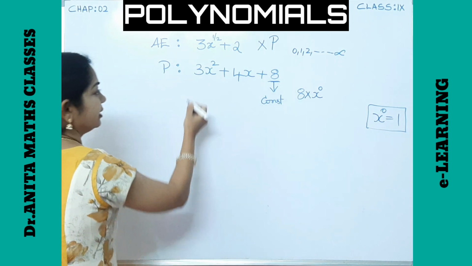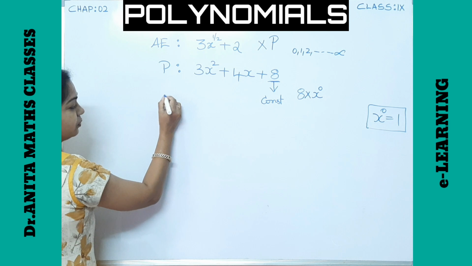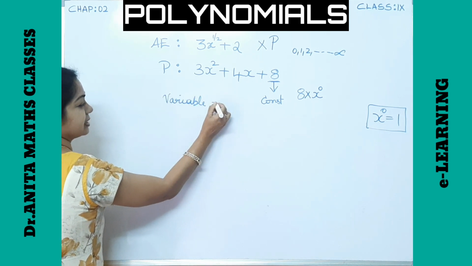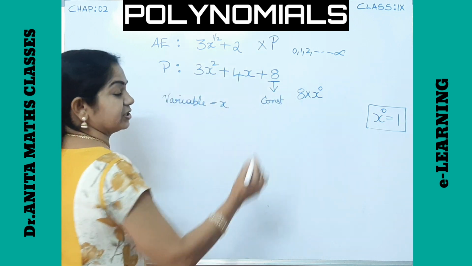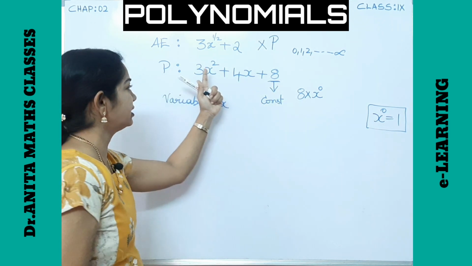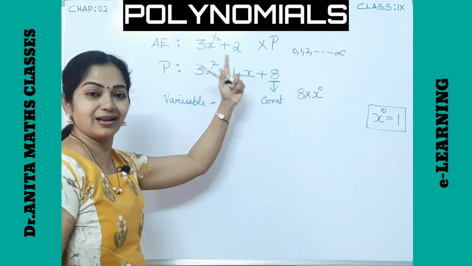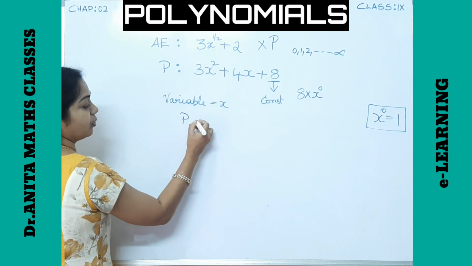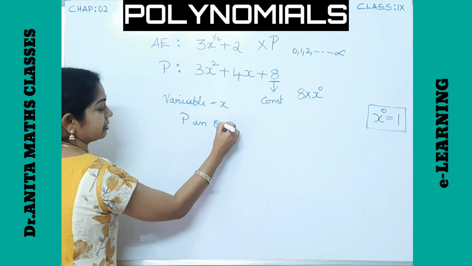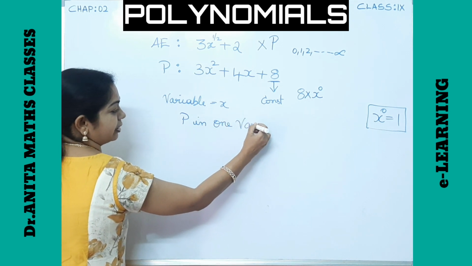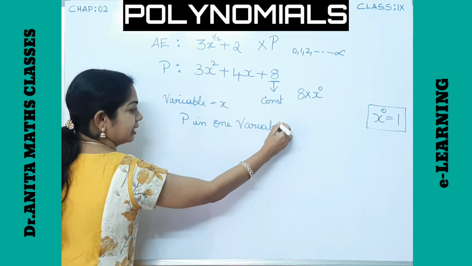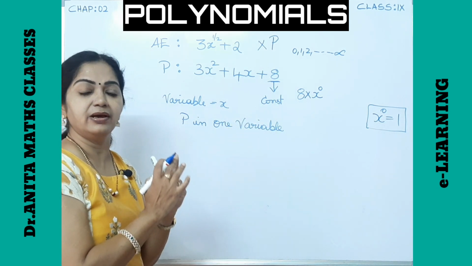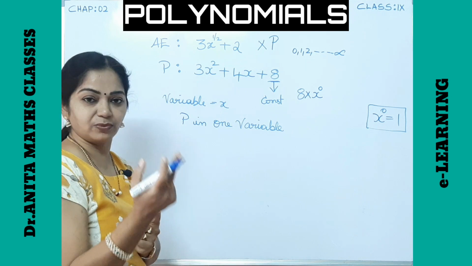And here the variable is x. Throughout the expression we have only x: x square, x always. So this is called a polynomial in one variable, and that variable is x. If the polynomial is in y, you call it a polynomial in variable y, one variable.